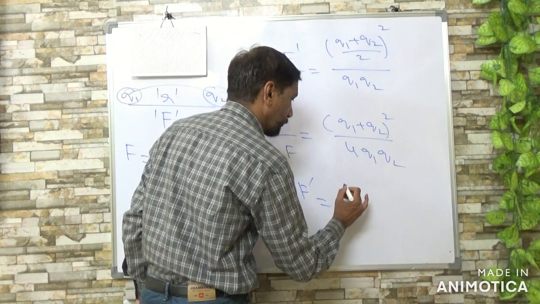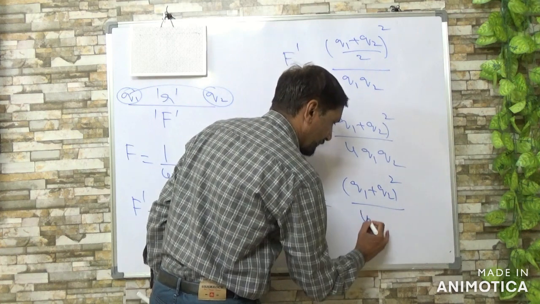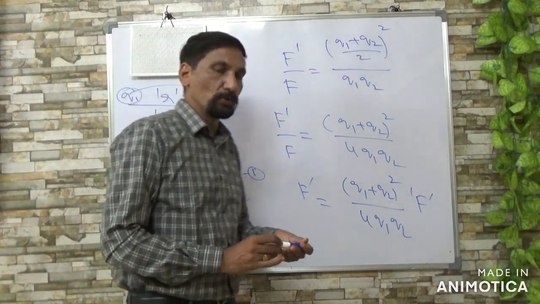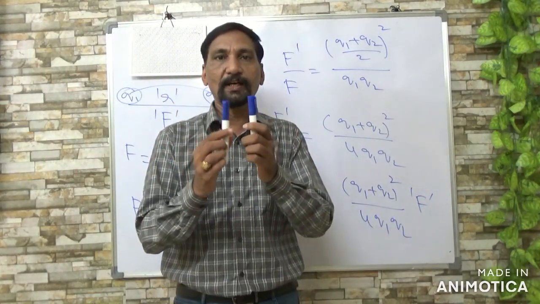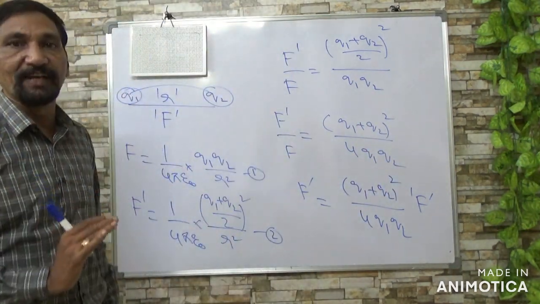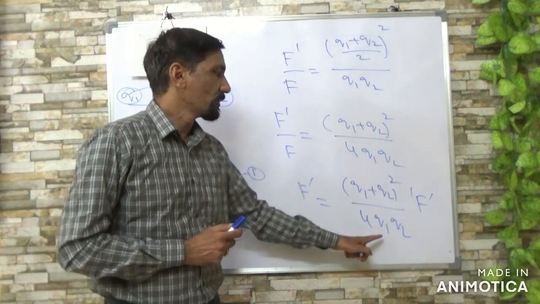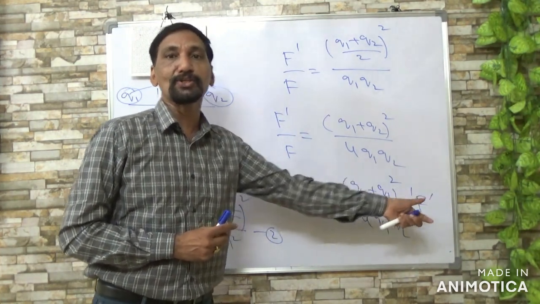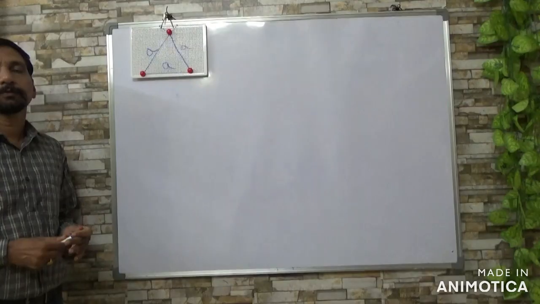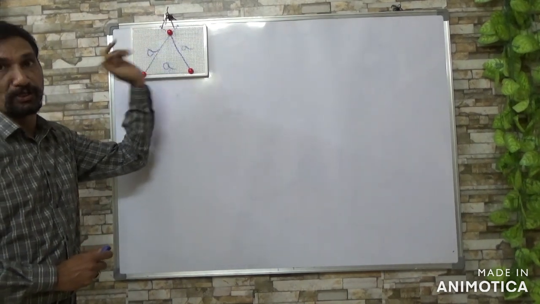F dash is equal to Q1 plus Q2 whole square by 4 Q1 Q2 into F. So remember, whenever you bring two point charges together or two point charges are joined by a conducting wire, they gain average charge. So the new force between them is Q1 plus Q2 whole square by 4 Q1 Q2 of the initial force when they are separated by a distance r in air.